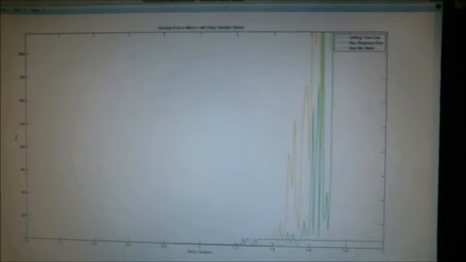We also can take a look at the metric response when we introduce jitter into the system. Here we can see a plot of the error metrics as a function of the delay variation, or the delay standard deviation, when we introduce jitter.